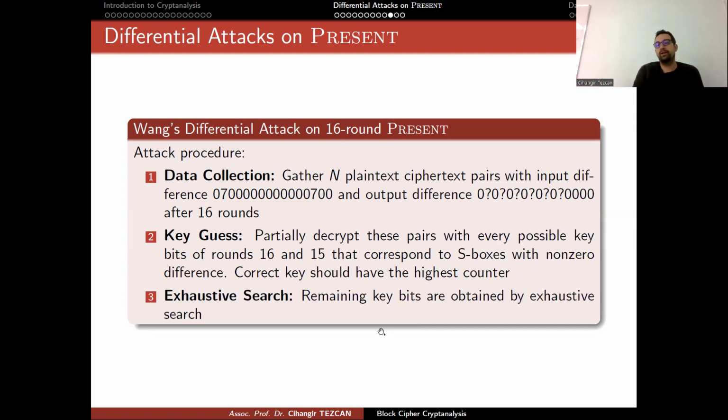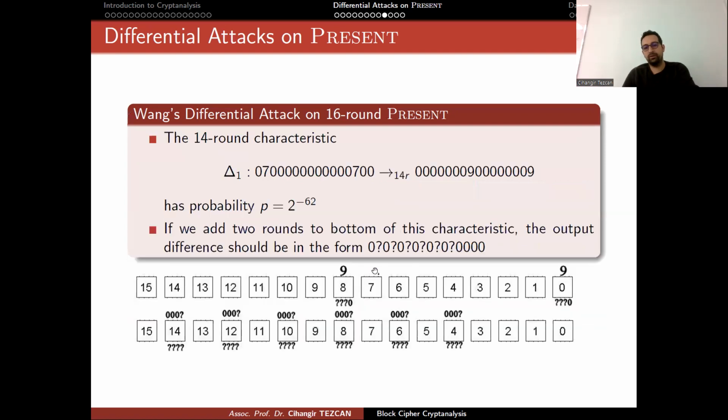Exhaustive search. Remaining key bits are obtained by exhaustive search, because if you go back, I told you that the effective S-boxes are here. Okay, so 0, 2, 4, 6, 8, 10, 12, and 14. So this means 8 S-boxes are affected, and 8 S-boxes have 4 key bits, which means 32 bits.